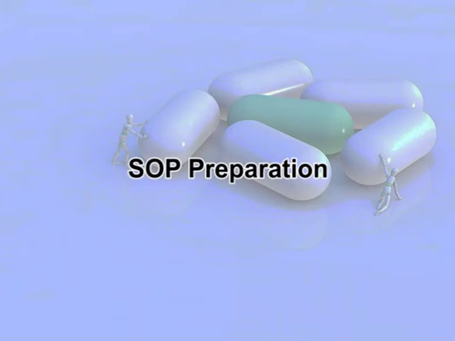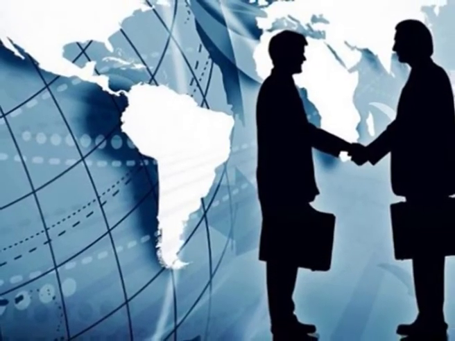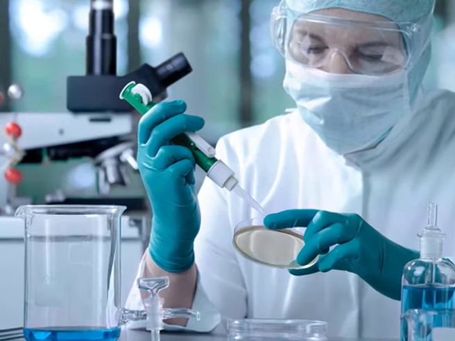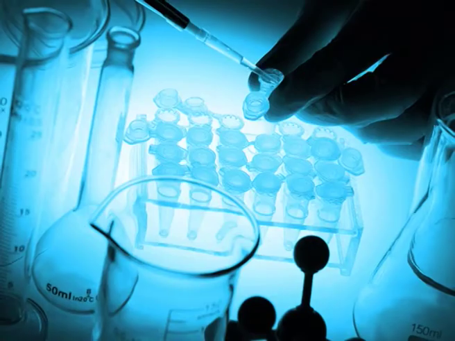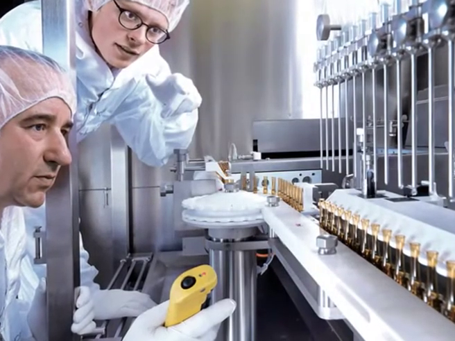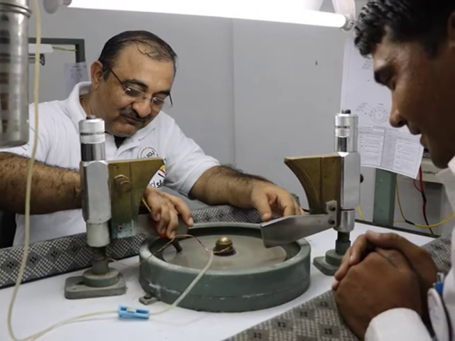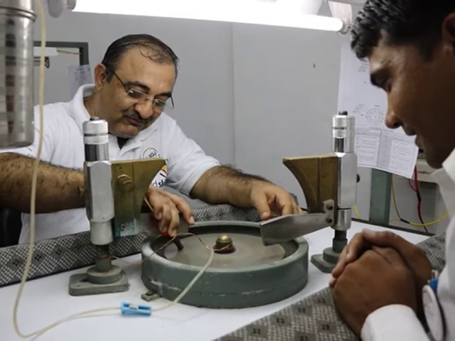Now we will see SOP preparation. The organization should have a procedure in place for determining what procedures or processes need to be documented. Those SOPs should then be written by individuals knowledgeable with the activity and the organization's internal structure.